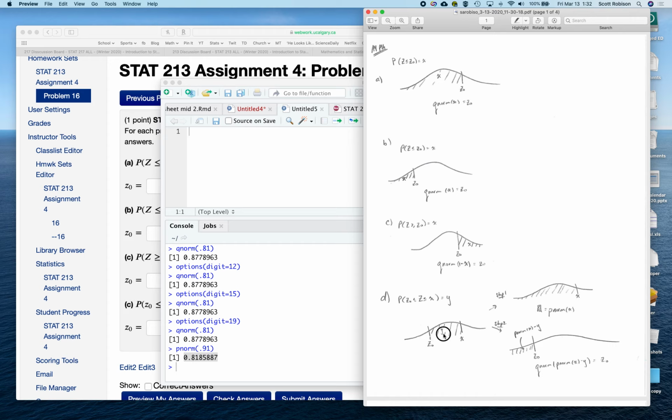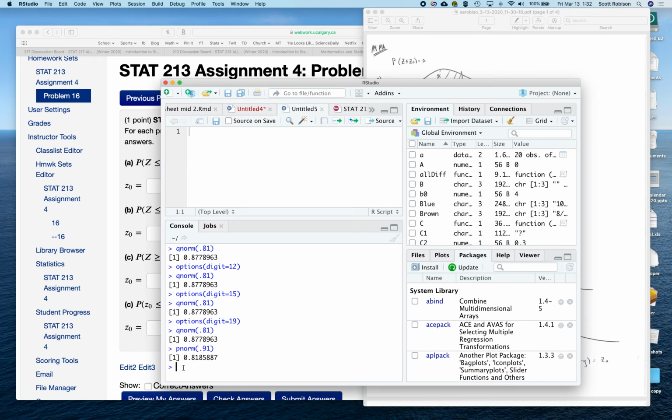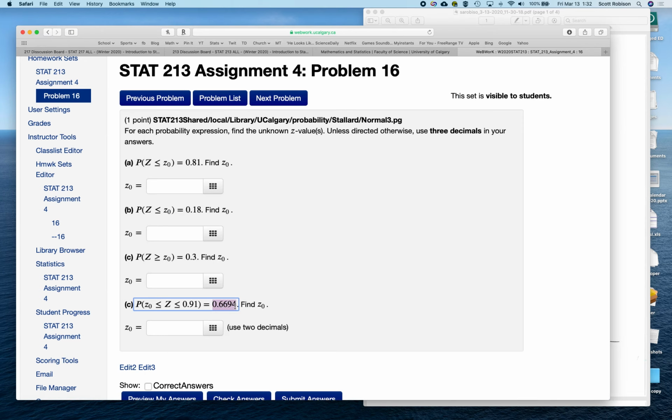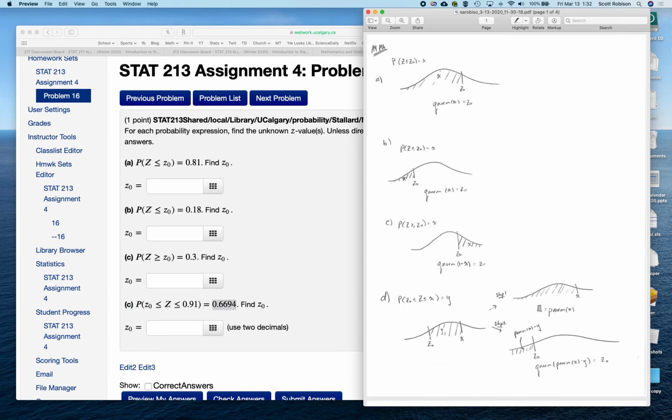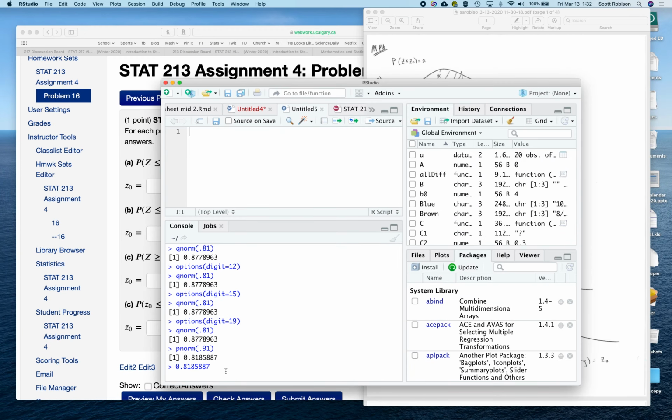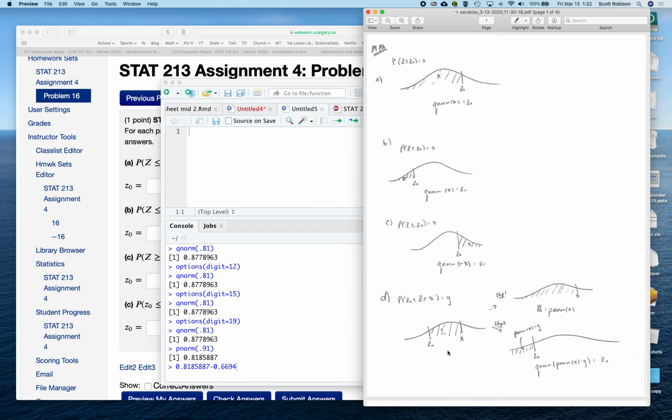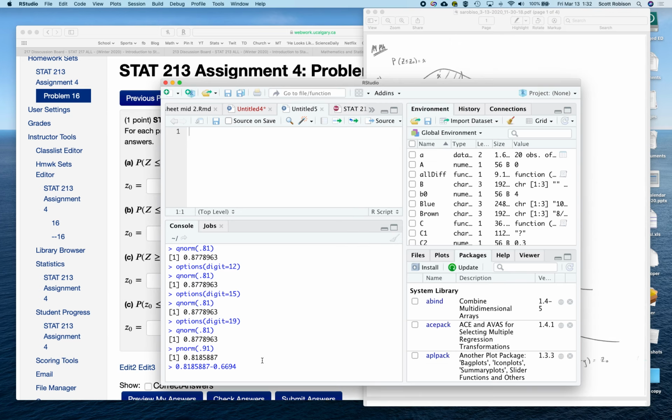And then here, the area I know is in between these two values, let me just copy and paste this, is actually more like 0.6694. So if I take this cumulative area and I subtract off this middle area, I will be left with just this little tail area.